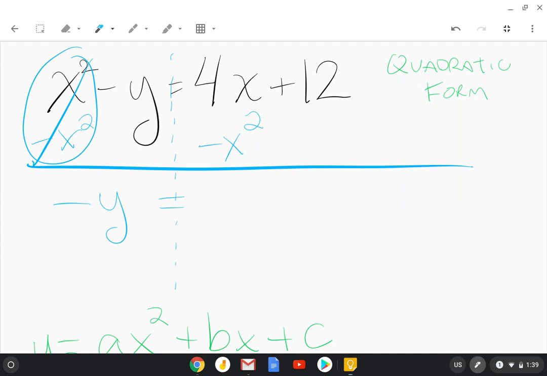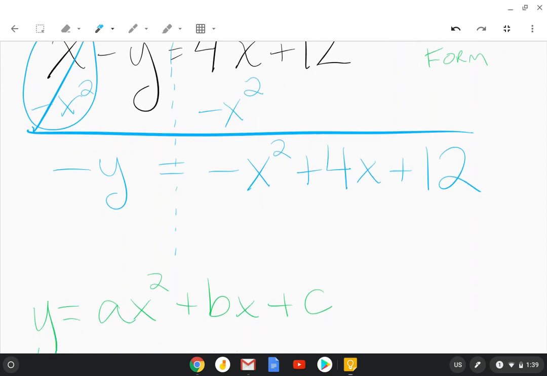So actually, all we're going to do is just rewrite this equation like this: negative x squared plus 4x plus 12. So all I did was slip that x squared in front of this equation, and I am going to, again, try to get it to look like this equation down here. I'm already getting close. I have y by itself. I have the x squared, the 4x, and the constant term 12 on its own.